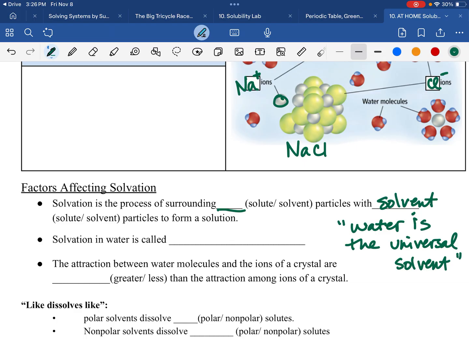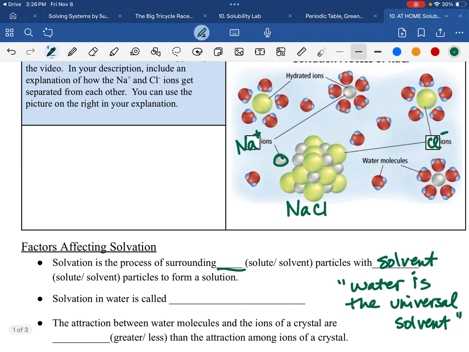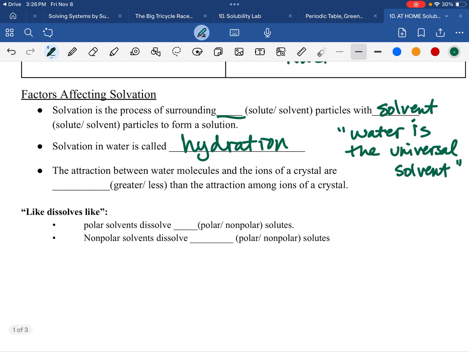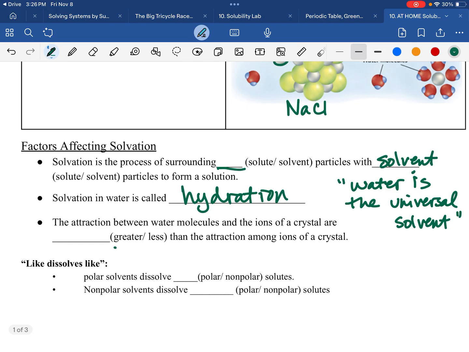Okay, solvation in water is also called hydration. And that's what we see in our picture up here. We see these hydrated ions because they've been dissolved. They're surrounded by water. Hydrogen, that comes from the hydrogen in the water, that word hydration. The attraction between water molecules and the ions of a crystal, so you have to decide what's going on here.